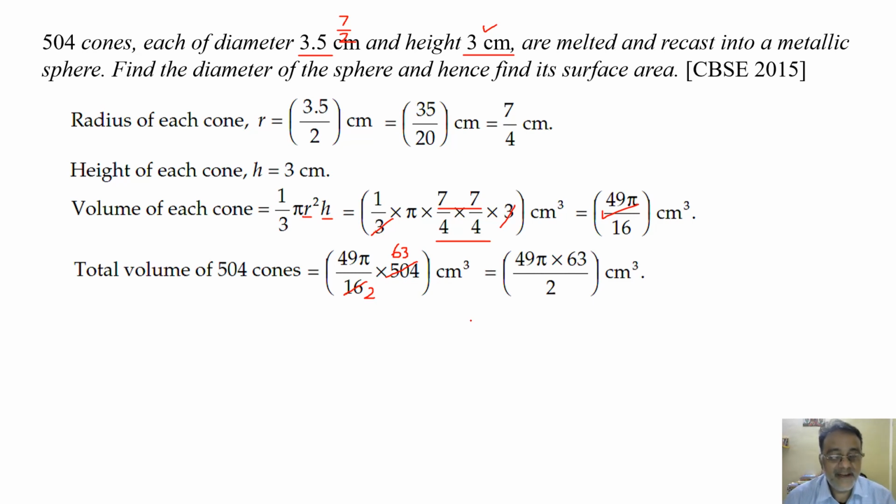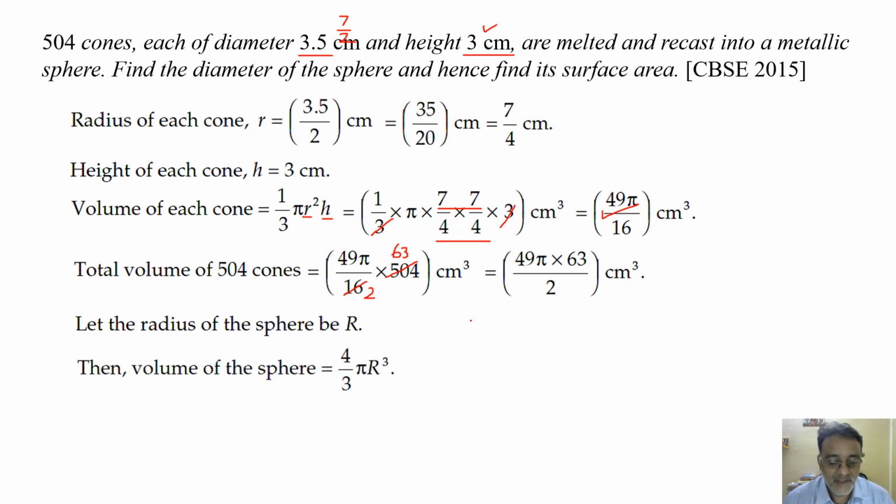Now the radius of the sphere, let it be capital R. So the volume of it will be, what will be the volume? 4/3 pi r cube. Right, 4/3 pi capital R cube. And according to the question, the volume of the sphere will be equal to the total volume of 504 cones.